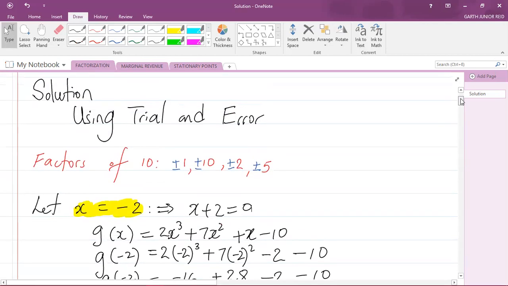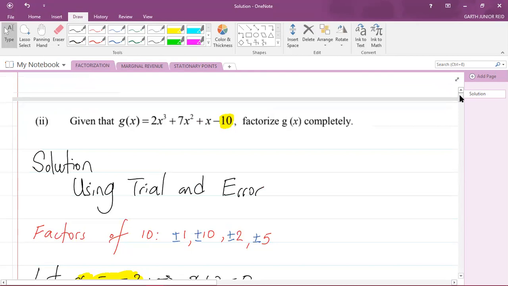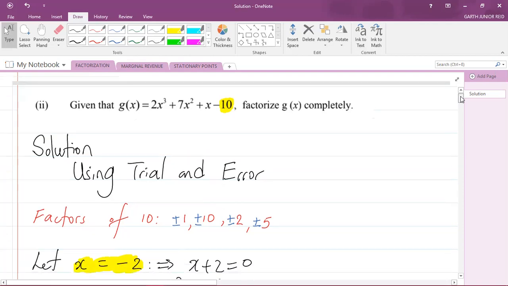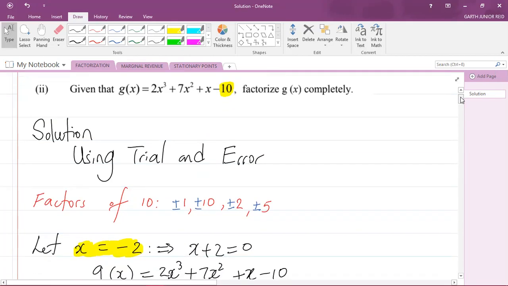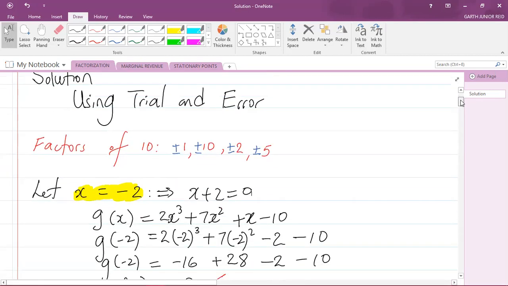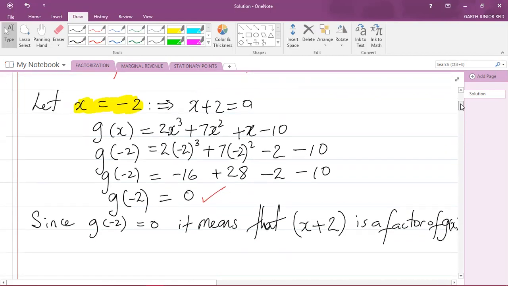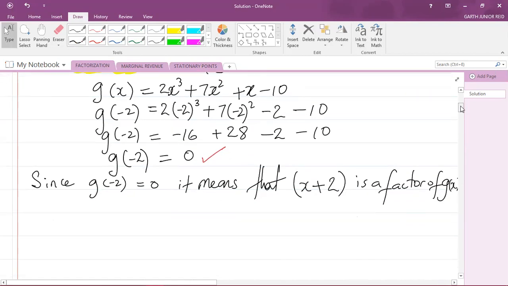The next step into actually factorizing this polynomial is to actually do division. Now there are different methods of division. You can either do the polynomial long division or the synthetic division. I believe I did the synthetic division recently in a logarithms video.